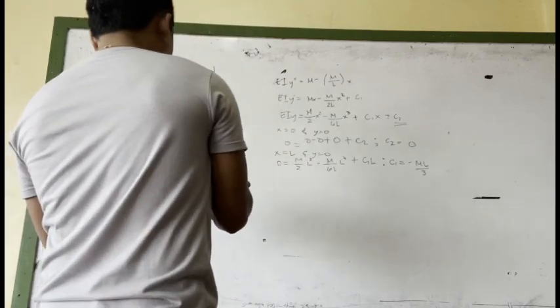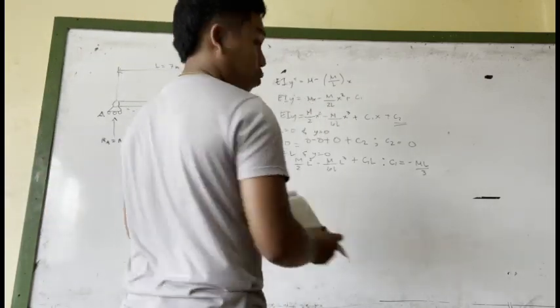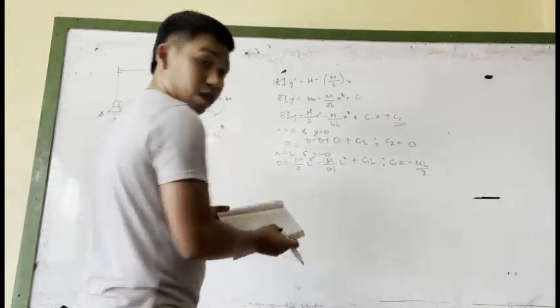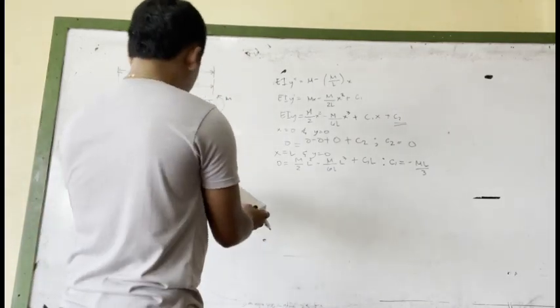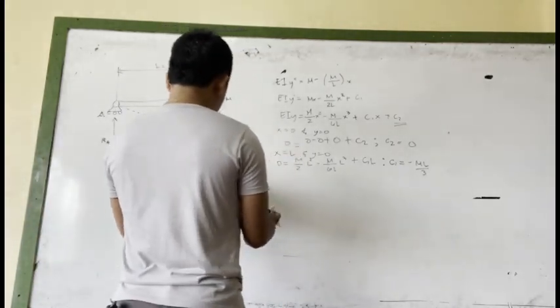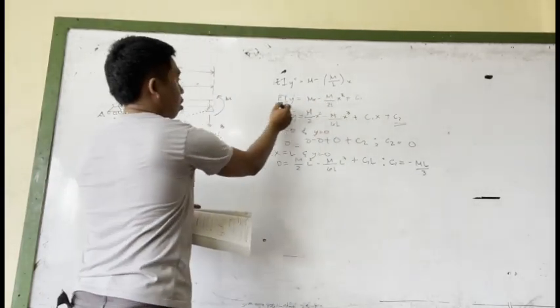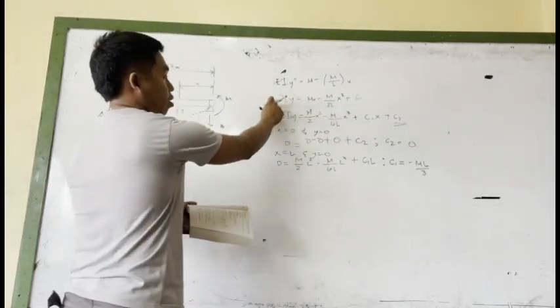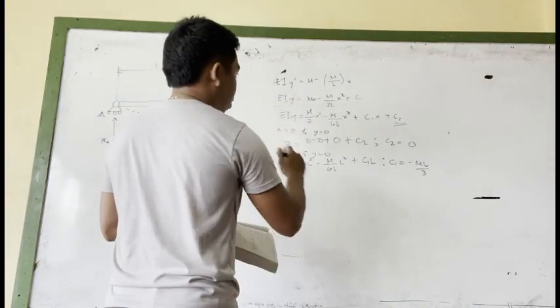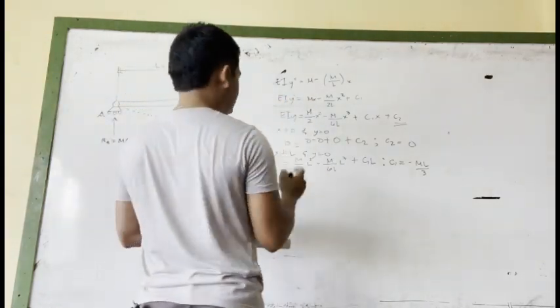So, to solve for the distance which has the maximum deflection, we will use the second equation, the second integration in here, which is EI y prime equals Mx minus M over 2L x squared plus C1.